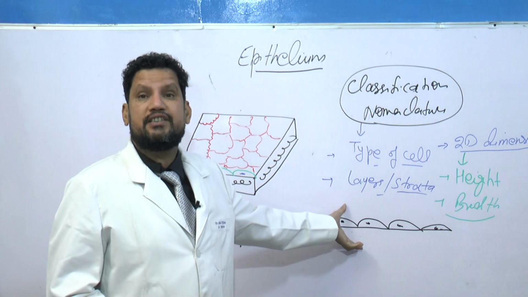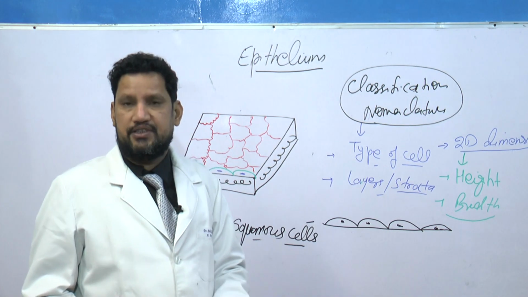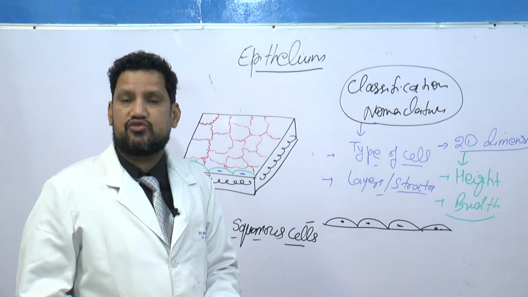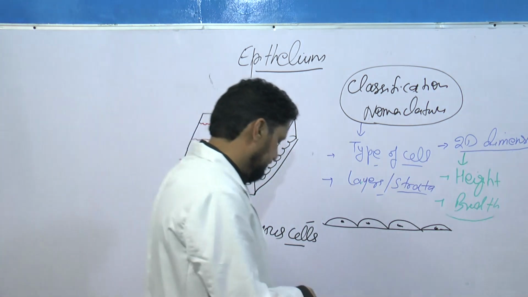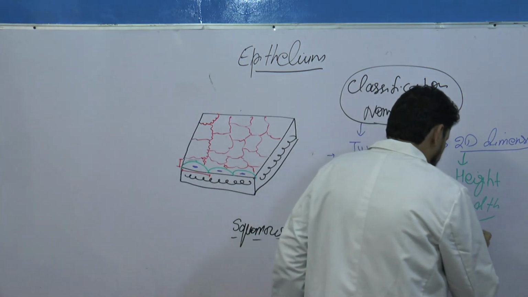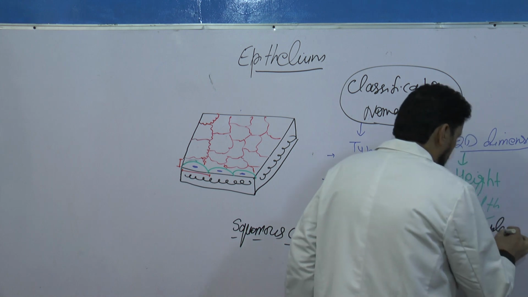When there is only a single layer of flat cells or squamous cells, this type of epithelia is known as simple squamous epithelium. So what is simple squamous epithelium?